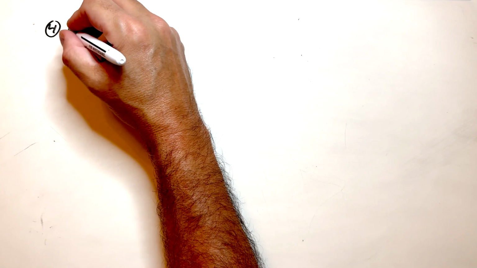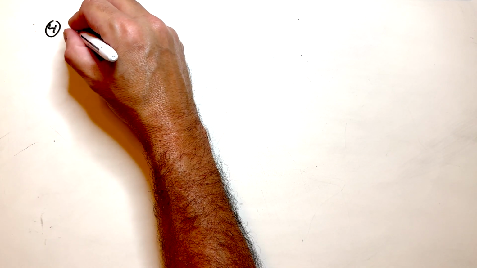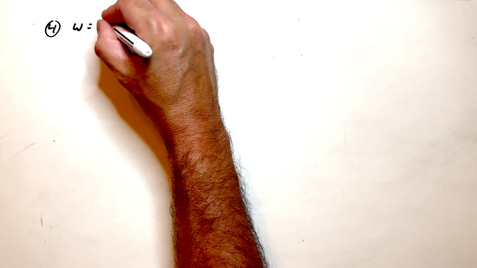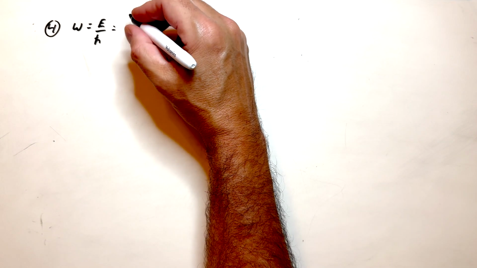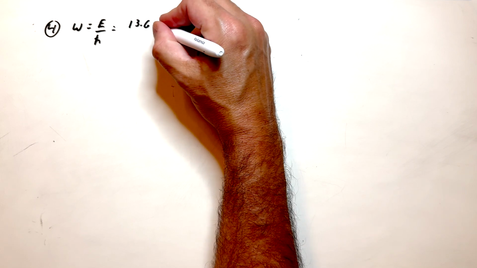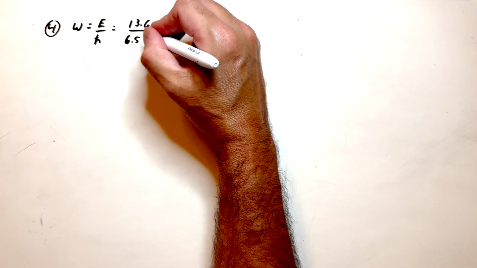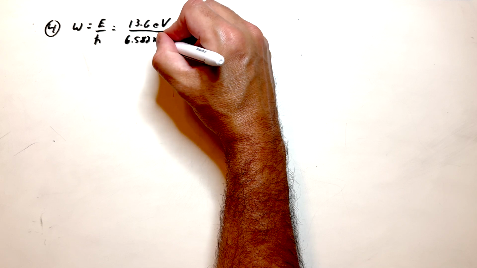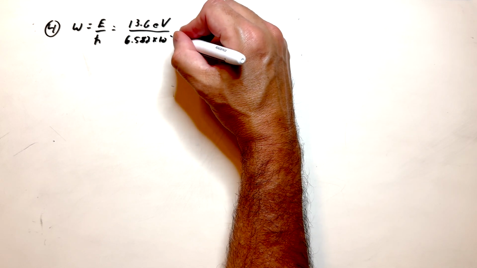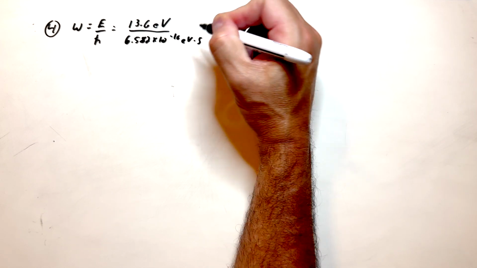So number 4. So recall from class that omega is equal to E over h bar, and we'll go ahead and use those alternative units. We'll put in 13.6 electron volts, and we'll divide that by 6.582 times 10 to the minus 16 electron volt seconds.